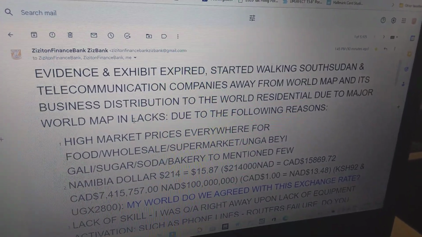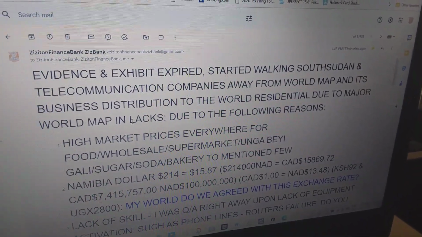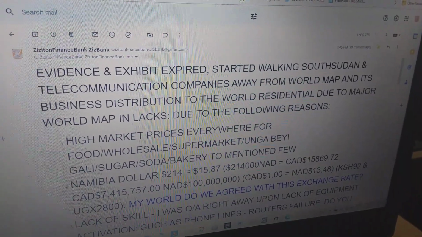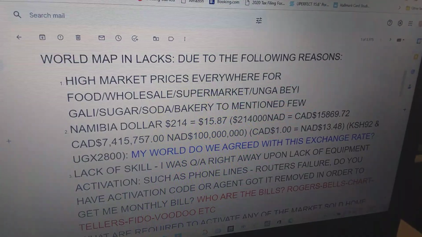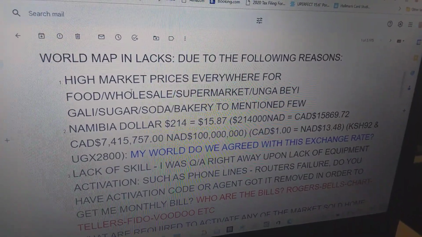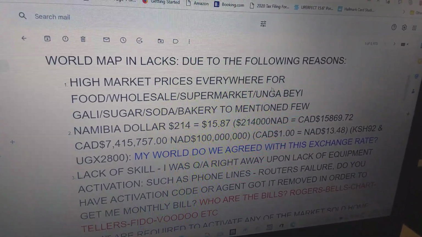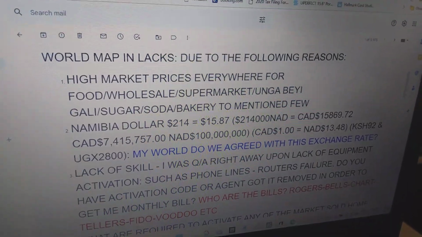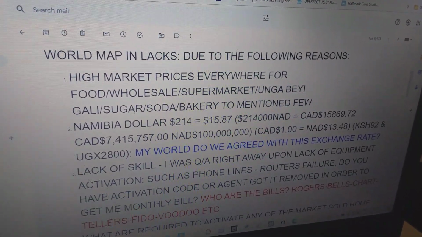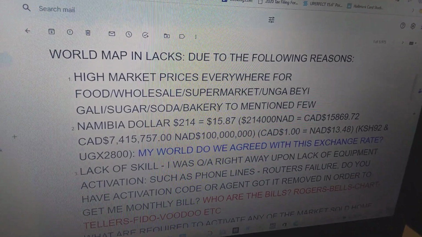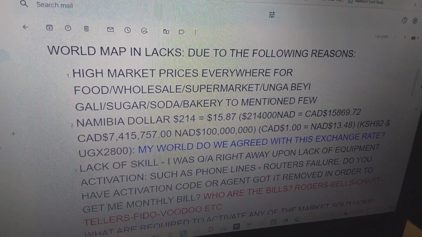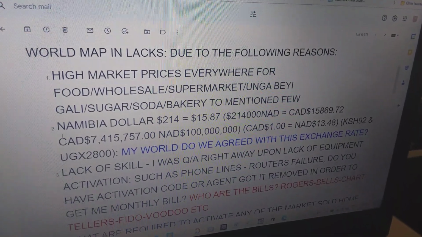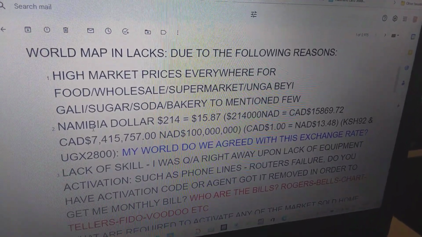And then due to the international, that is due to the following reasons. We have reasons: one, of course, high market prices everywhere for food, wholesale, supermarkets, unga, beyi, gali, and then sugar, soda, bakeries, to mention a few.